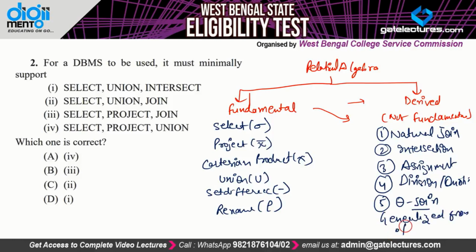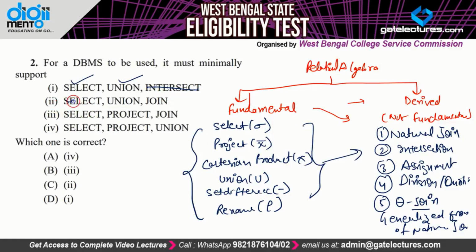of natural join. Now they are asking in this question which of the following must be minimalistically supported, or minimally it should be there. So these are the operations which should minimally be there. So select should be there. As you can see, in the first case select is there, union is there, but intersection is not minimal, because intersection can be derived from the fundamental operations only.